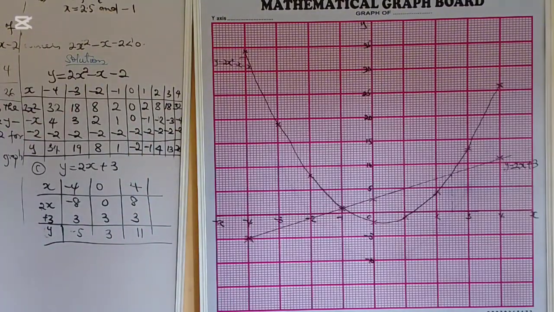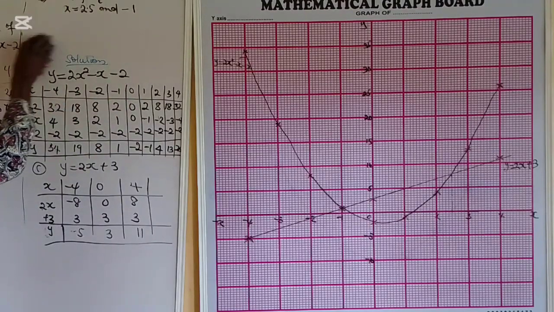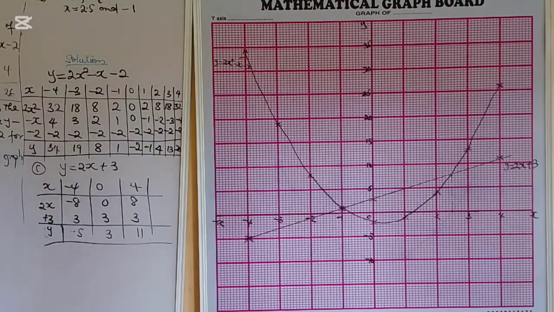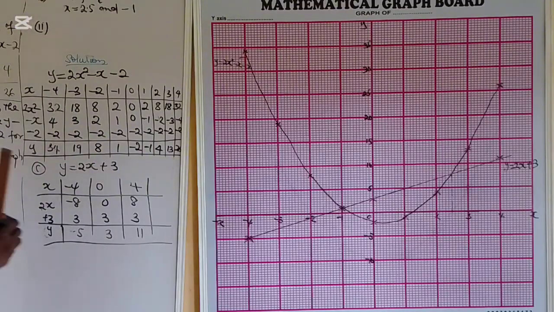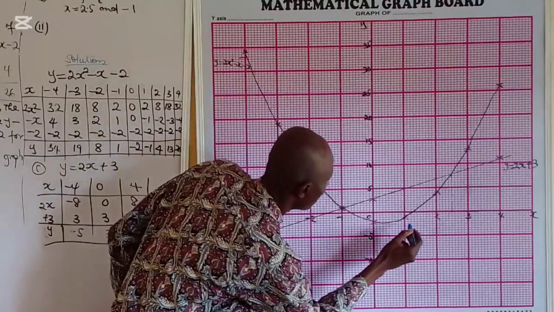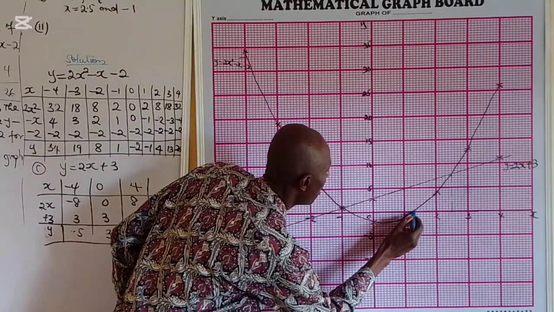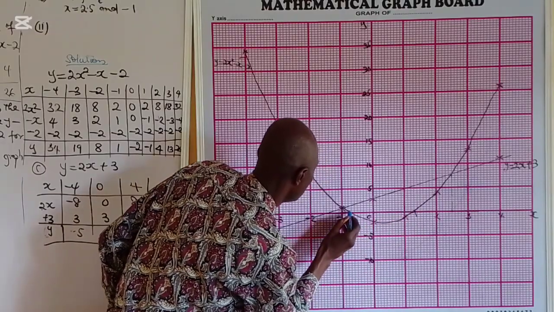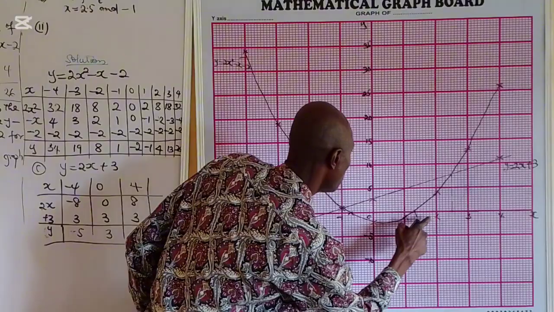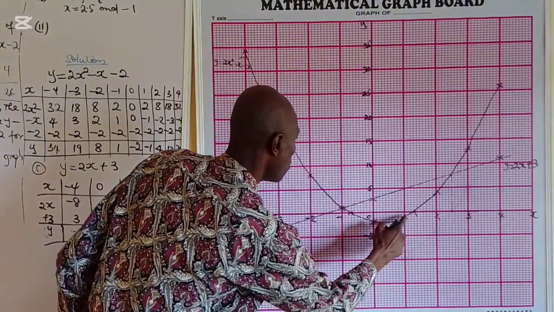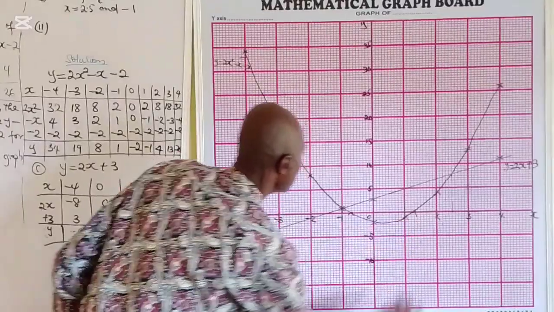So let us get now the range, the value, the range of this graph. The range of the first graph. The other one is not inclusive. But where does it touch the graph? It touches it here. And it touches it here. So what is here? Look at the line, 1.1, 1.2, 1.3.